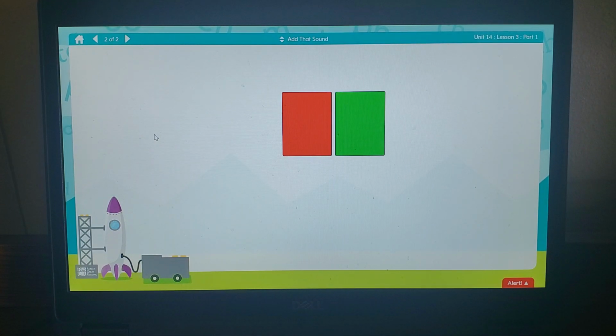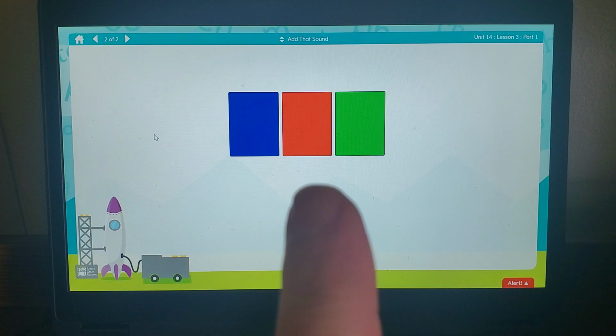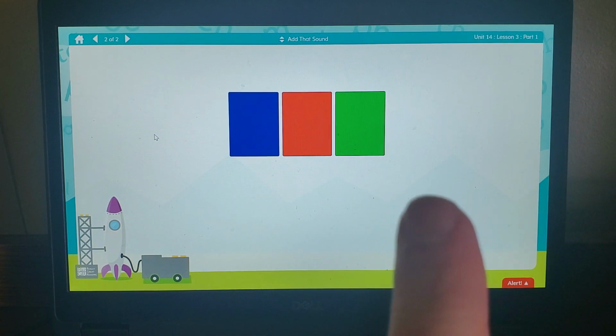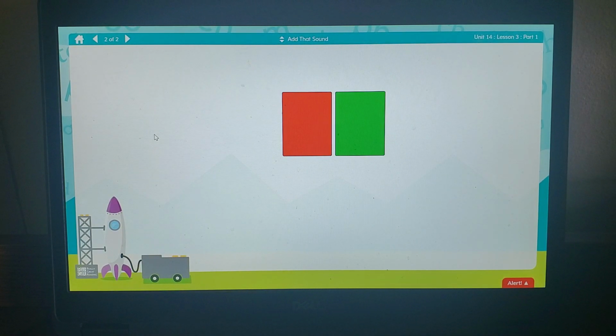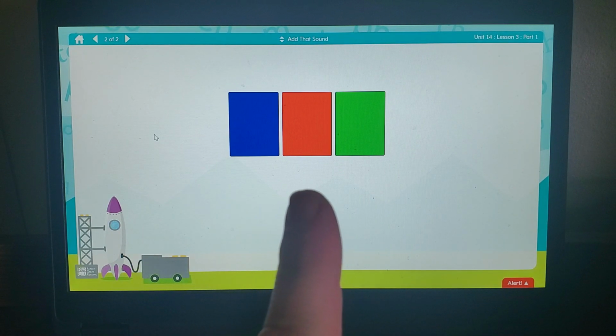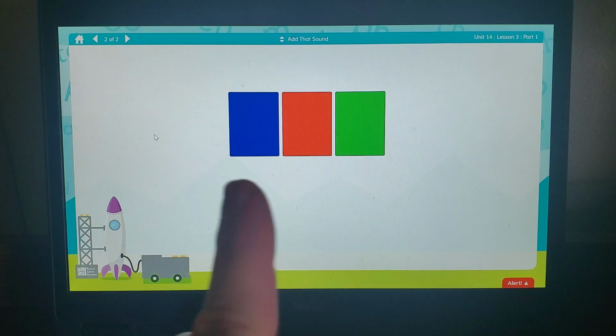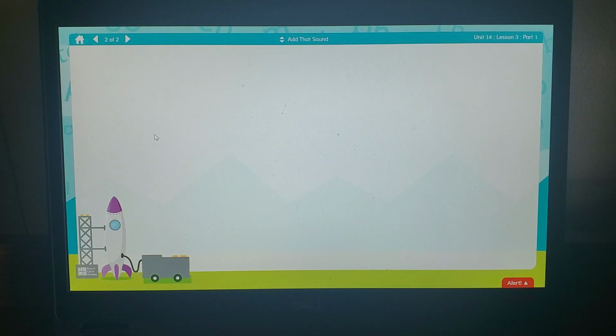Now add p at the beginning of in, in, pin. Next, stretch out etch, etch. Now add f at the beginning of etch. Now we have etch, fetch.